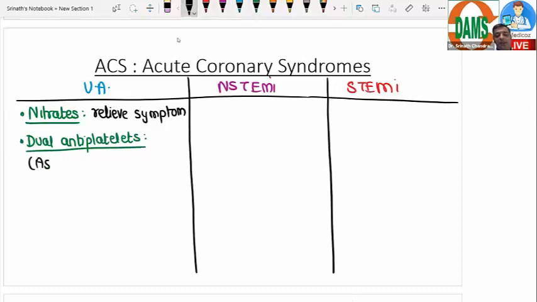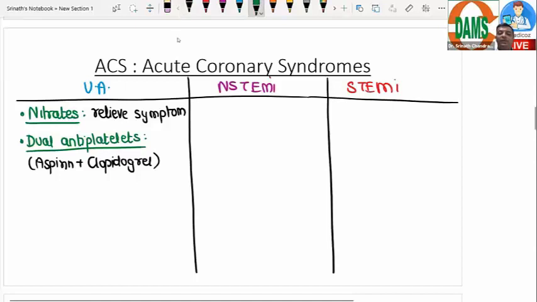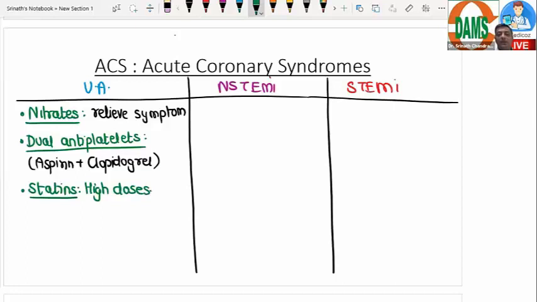Typically we give aspirin plus clopidogrel. You also want to give a high dose of statins to the patient. So these 3 drugs are given to all cases of unstable angina.